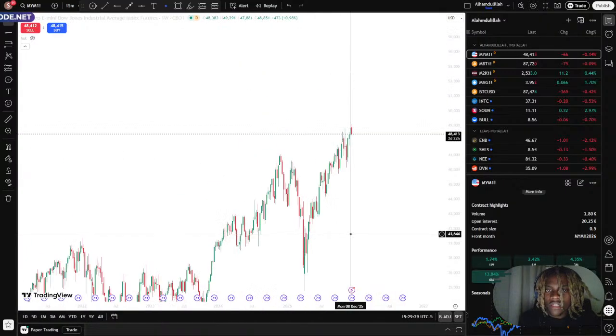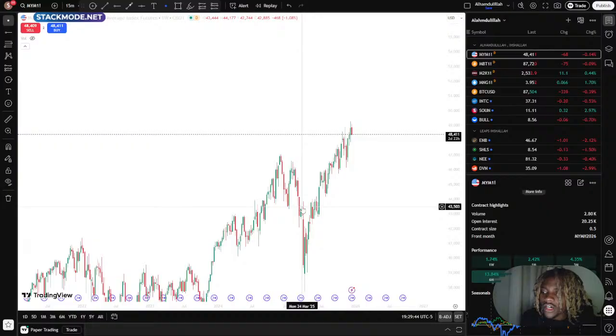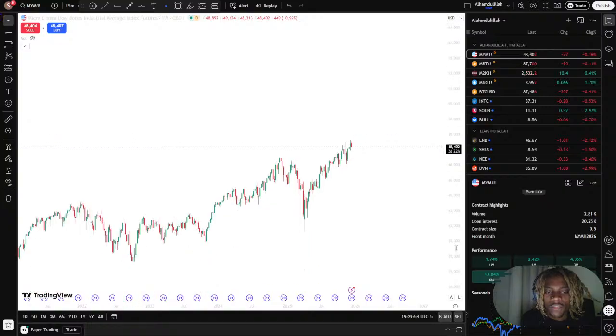All right, so here's how to buy at the right time. You want to buy after sellers are done selling. Sellers need to sell first, and you want to buy when buyers are buying. If you buy when sellers are selling, you're just going to get destroyed. If you're looking to buy at the right time, we have to wait for a pullback. We have to wait for price to form an area of support.